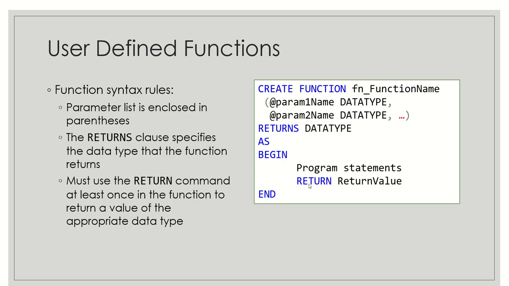You'll also notice a return statement at the end of the function. It's easy to mix up returns and return, so I want to draw attention to it. Returns is what is used in the function header to indicate the data type of the function, and the return statement is used to actually pass back the returned value.